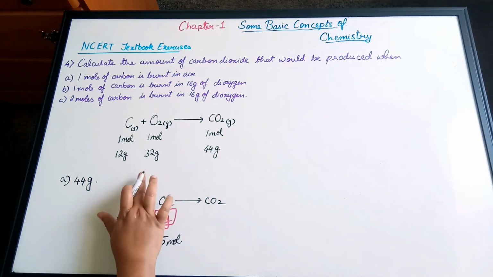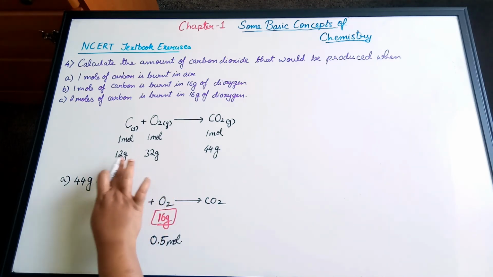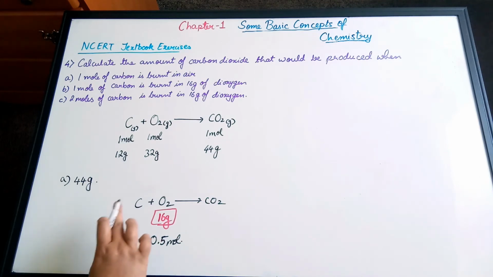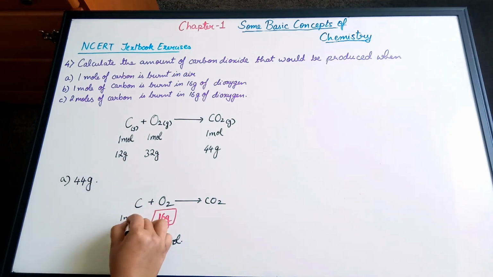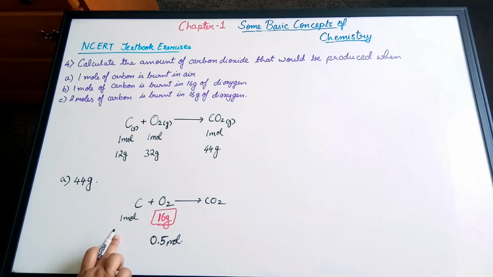So even if you have 1 mole of carbon in our reaction, when it reacts with only 0.5 mole of oxygen, there'll be an excess of 0.5 mole of carbon left. This is from limiting reagent as our topic.